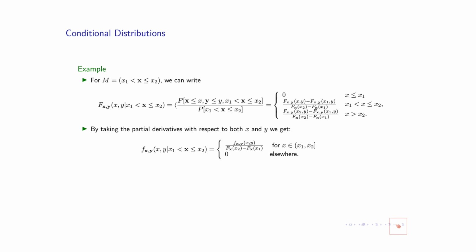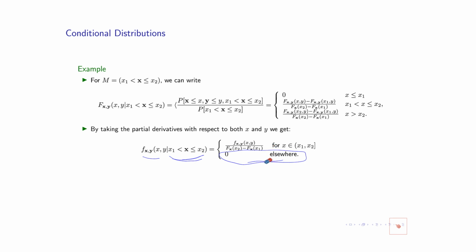Now what I see here is that the conditional PDF given this event is the same as the PDF divided by this number. The reason is that the only thing you know is that your random variable x is in this area. So the PDF outside of this area is 0. It's obvious.